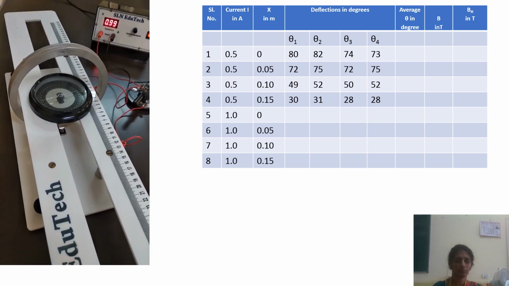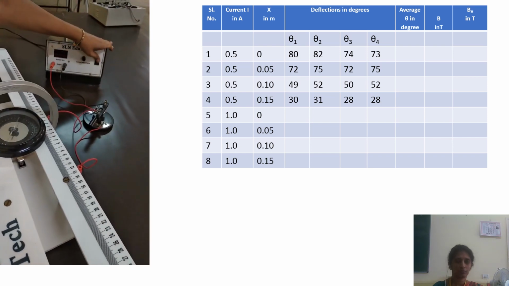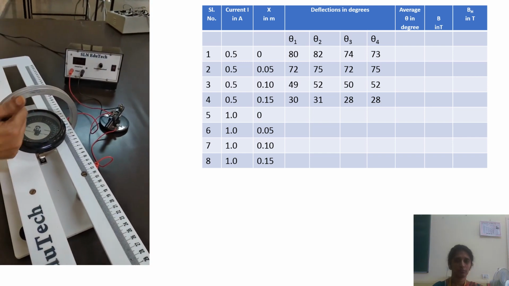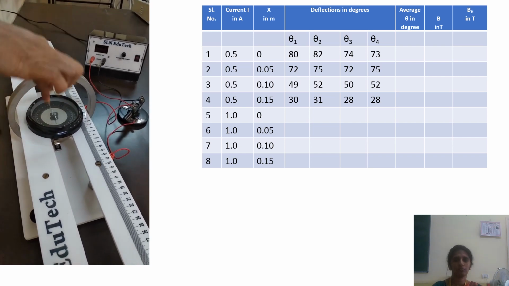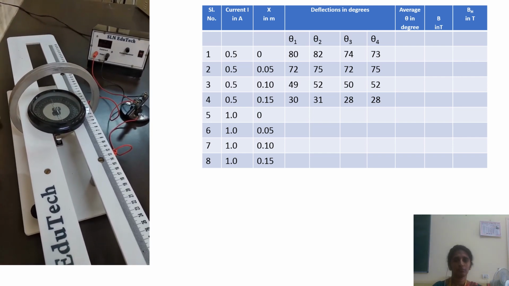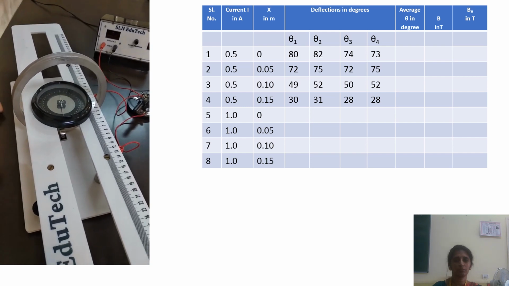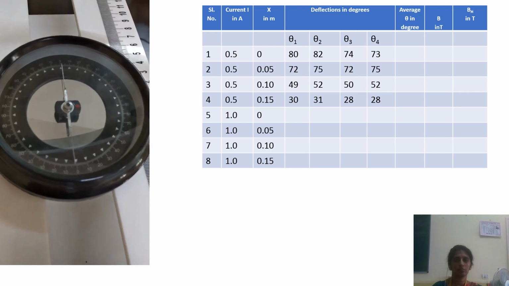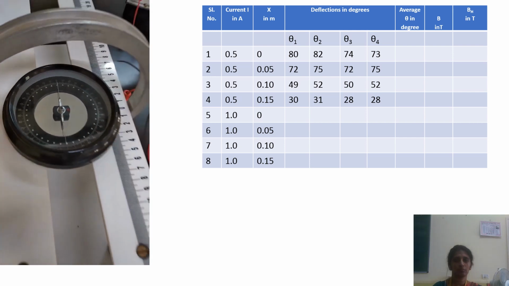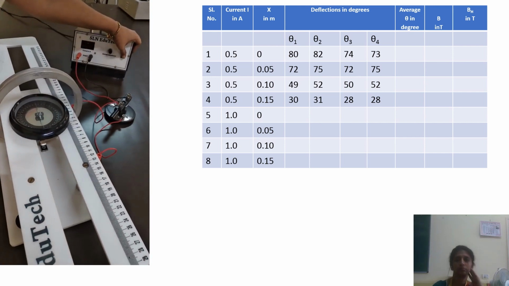So the first thing is I have to set again 90-90 must be along the coil, and this pointer reading must be on 0-0 on either side. If this is so, then I can switch this on and note down the deflections.